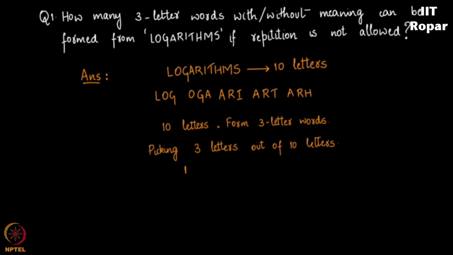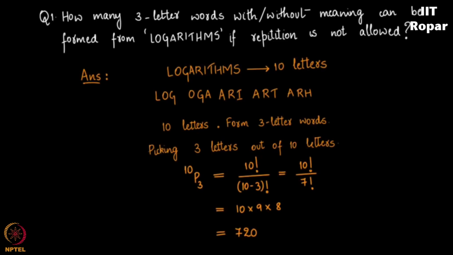So it is 10P3, which is equal to, as the formula says, 10 factorial by 10 minus 3 factorial, which is the same as 10 factorial by 7 factorial, and after computation, this gives 720 as the answer. So in 720 ways, we can form three-letter words which need not necessarily have meaning out of this word logarithms.